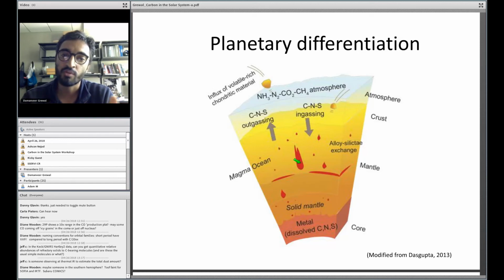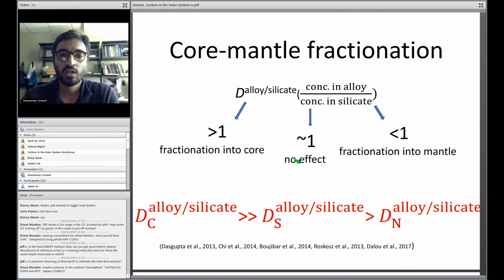If an element has a preference for the metal phase, then it will preferentially go into the metal phase, and that metal phase would finally segregate and form the core. So basically, the idea is that the carbon, nitrogen, sulfur abundances in the bulk silicate Earth could have been set up by whatever was left post-core formation in the bulk silicate Earth reservoirs.